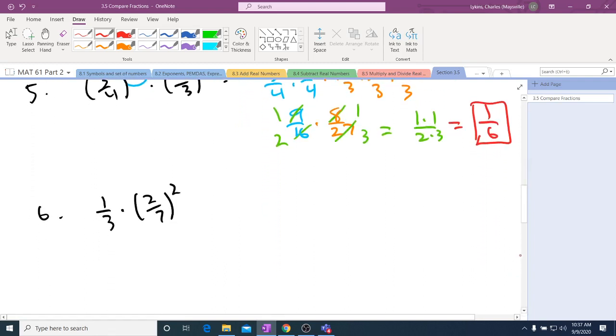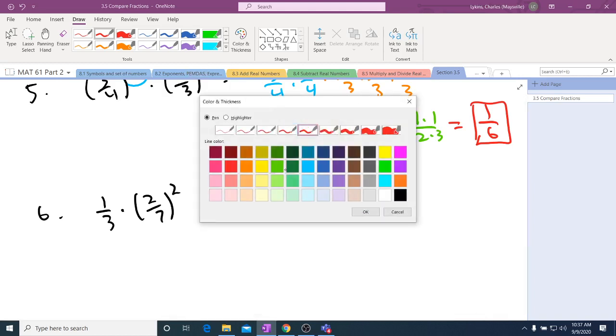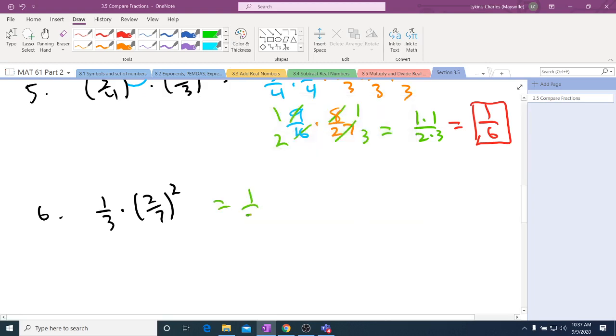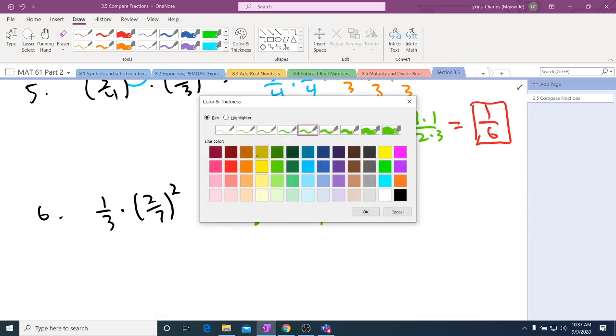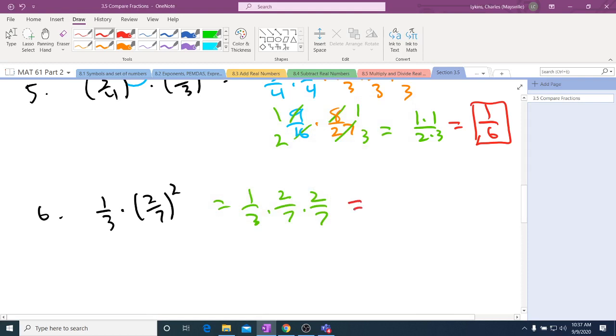Okay, now I've got 1/3 times 2/7 squared. So that is 1/3 times 2/7 times 2/7. And then when you multiply this out, you get 1 times 2 times 2, which is 4. 3 times 7 times 7 gives you 147.